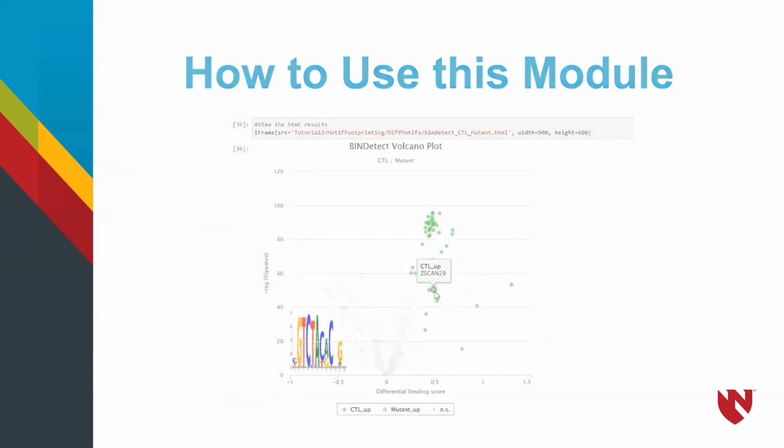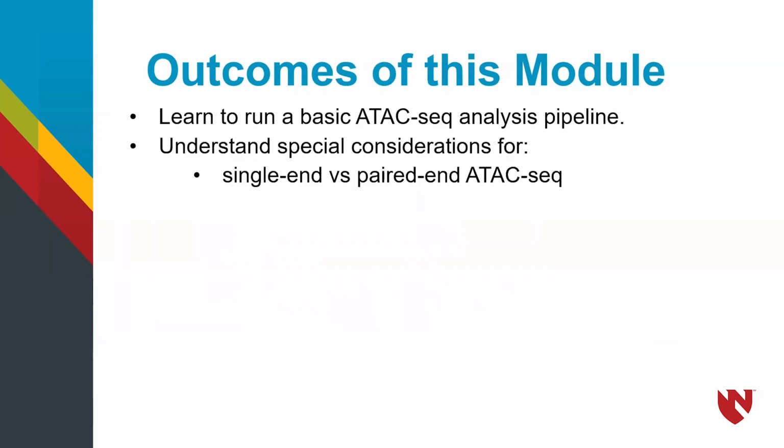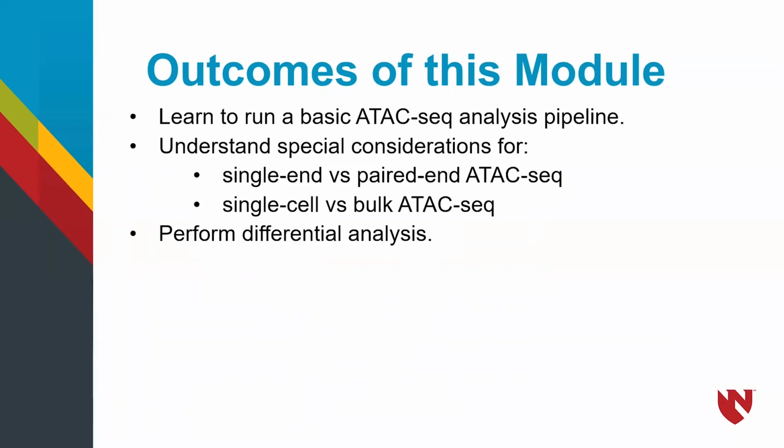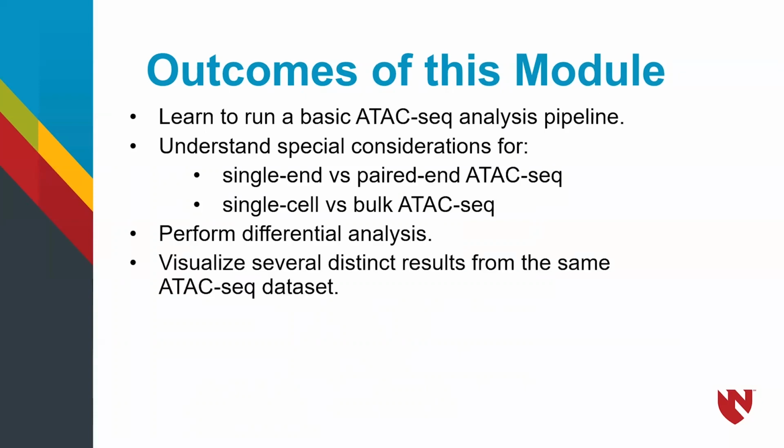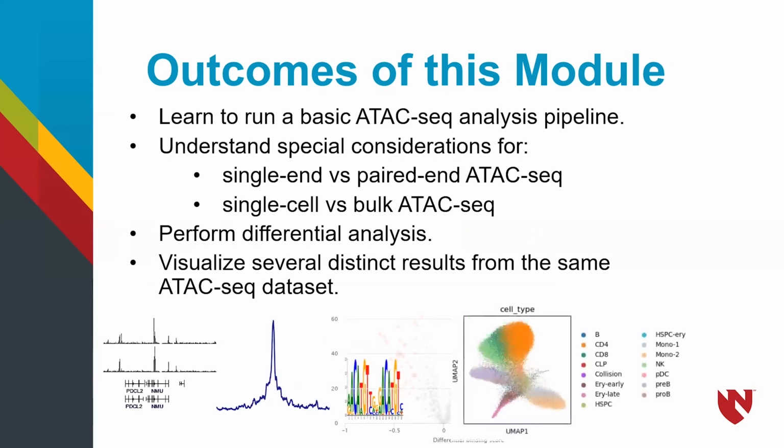At the end of the lessons, you will be able to run a basic ATAC-Seq analysis pipeline, understand special considerations for single-end versus paired-end sequencing, and single-cell versus bulk ATAC-Seq analysis, perform differential analysis to identify changes in accessibility, and visualize results in several ways, including how to plot signal across the locus of interest, create average profiles at genomic loci, including promoters, perform motif and footprint analysis, and get clustering of single cells based on accessibility profiles.